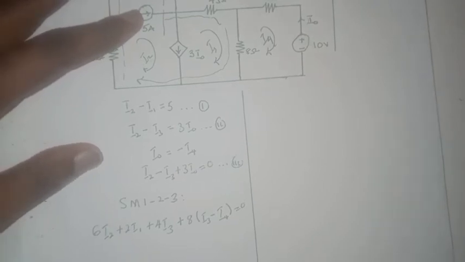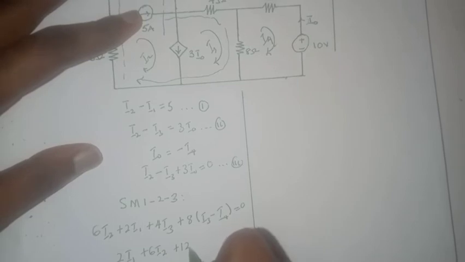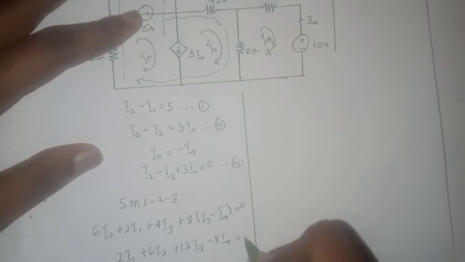Then simplifying this further, we would have 2I1 plus 6I2 plus 12I3 minus 8I4 all equal 0.